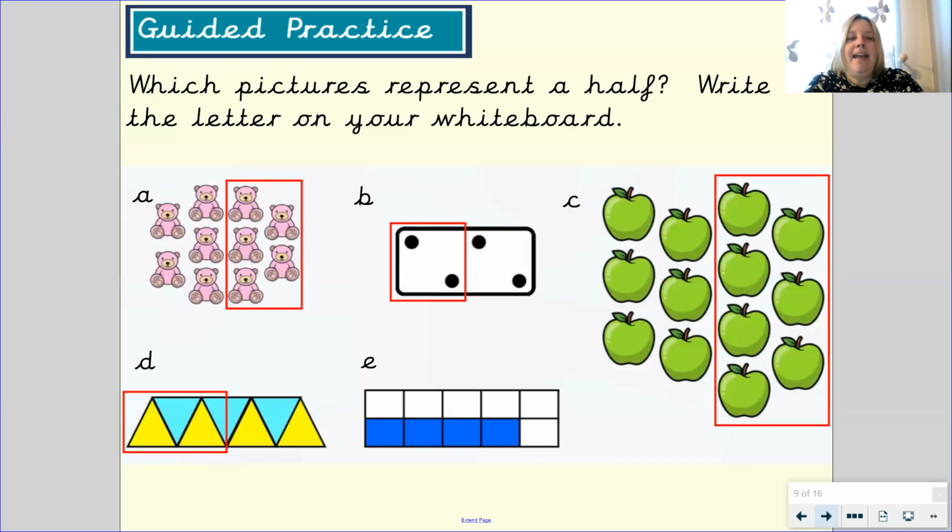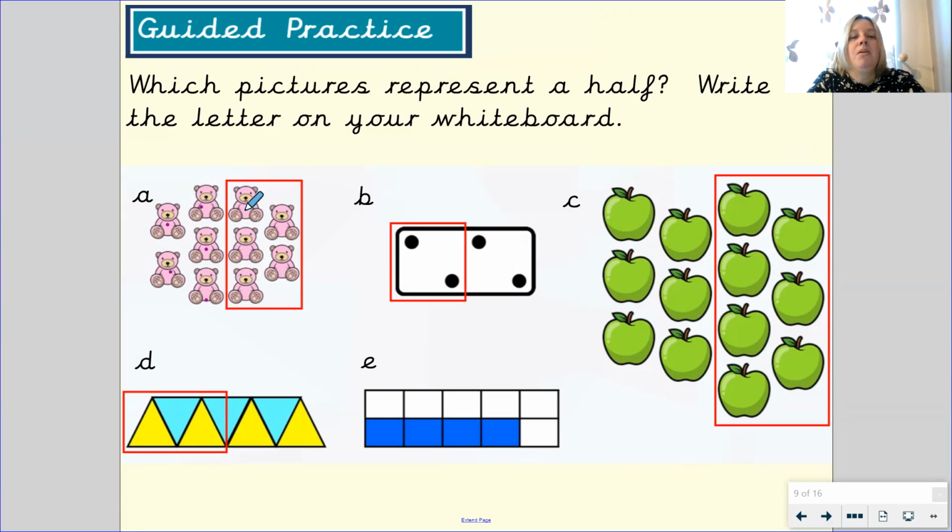So let's look at A together to see if we have equal groups, to see if we have represented a half. Let's look at this group. How many are in this group? Count with me. 1, 2, 3, 4, 5. Let's look at the other group.